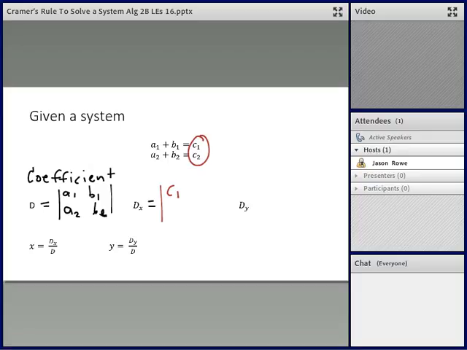So C1, C2, and the B's: B1, B2. It kind of makes sense that if we're finding X, we don't use the X values. And let's make sure we know there are X's and Y's here. Looks like I left those out when I wrote these.